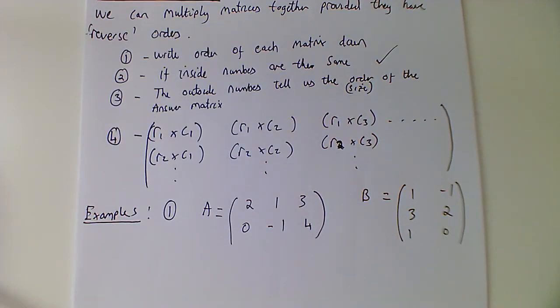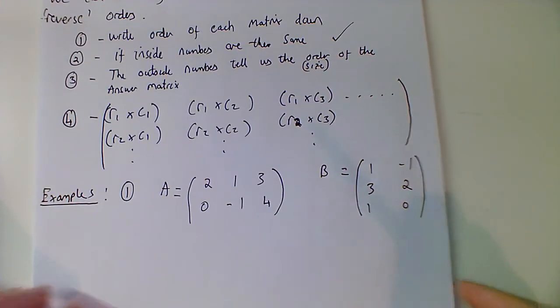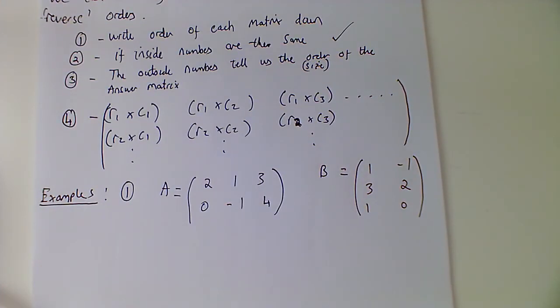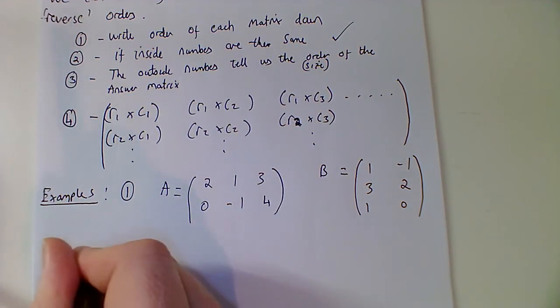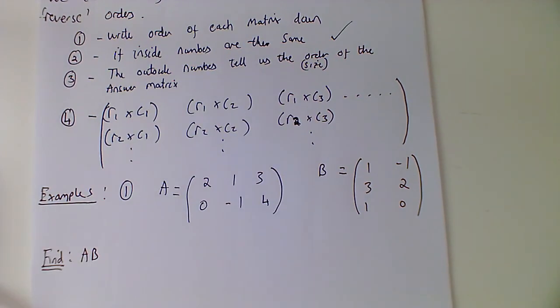So this is my first example. We've got the matrix A, which is 2, 1, 3, 0, negative 1, 4. And I've got the matrix B, which is 1, negative 1, 3, 2, 1, 0. And it's going to say find A B. And remember, A B just means A times B. Right.